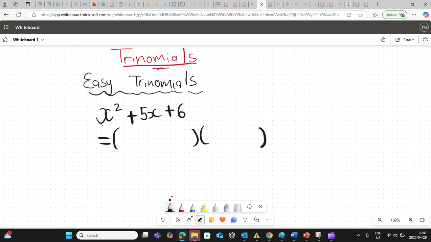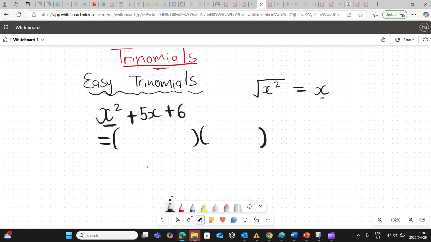Then we look at the first term. If we take that x squared and we square root it, what do we get? You should know by now that if you square root something that is squared, you just get the number. So if I square root 2 squared, I just get 2. If I square root x squared, I just get x.